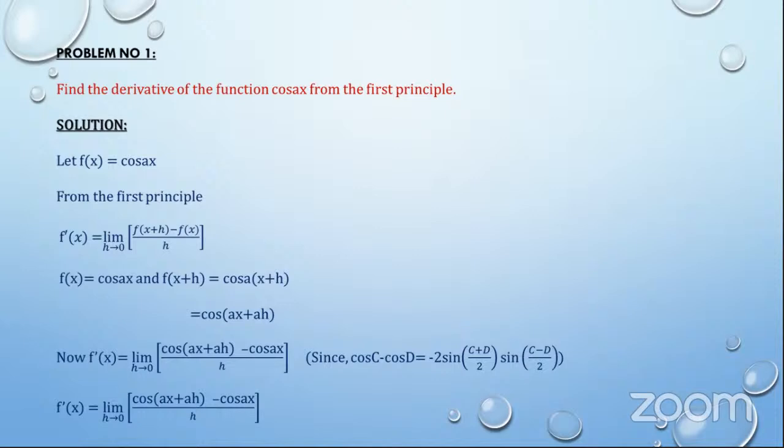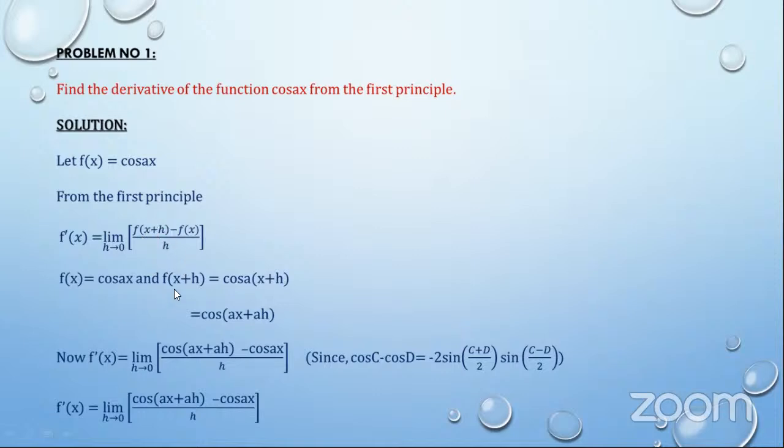f dash x equal to limit h tends to 0, f of x plus h minus f of x by h is the first principle formula. f of x equal to cos ax. Given function is cos ax. Let f of x equal to cos ax and find f of x plus h.